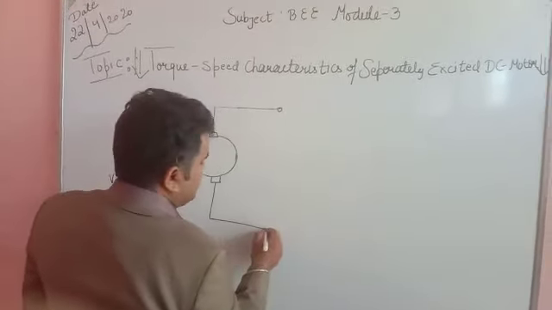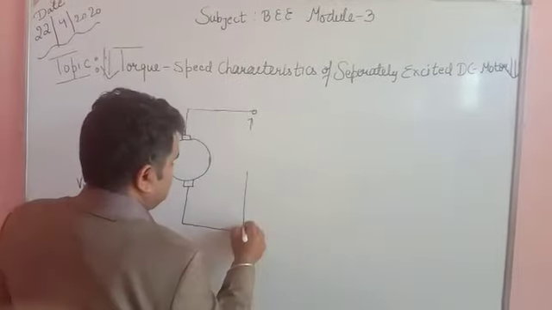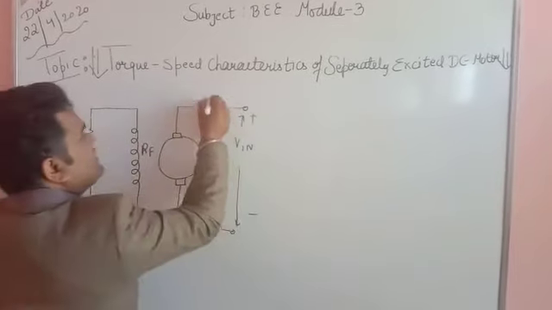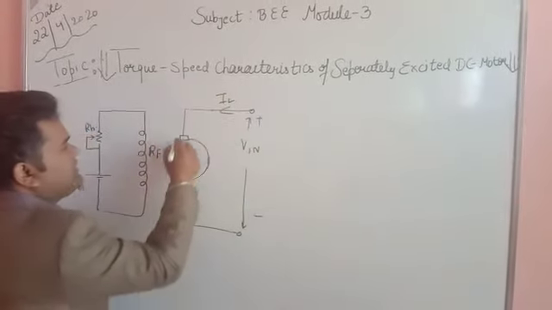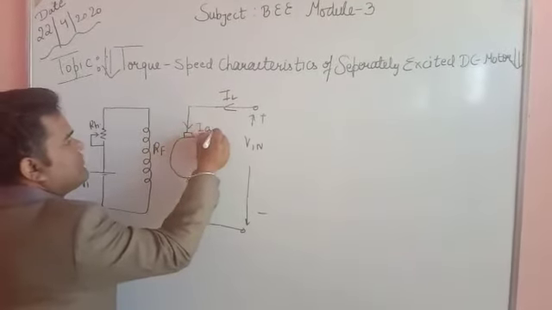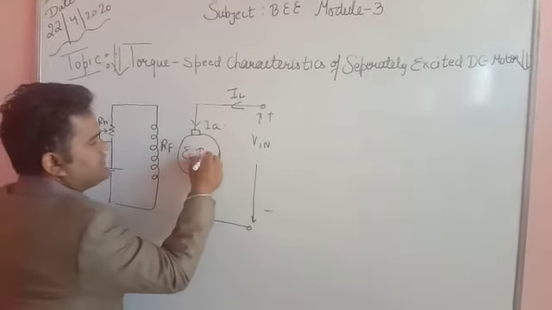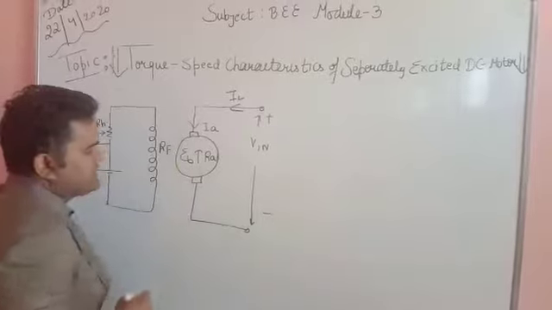I have given the supply V in, plus minus, and the current starts flowing, load current, and this is armature current, this is back EMF, and this is armature resistance.